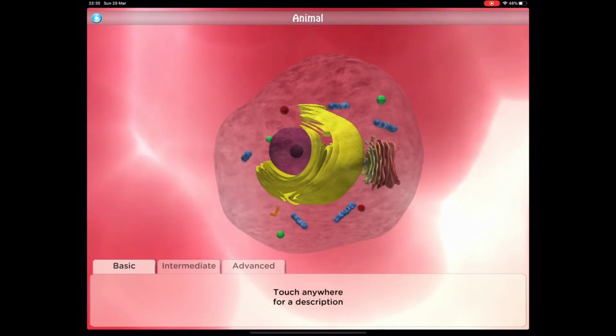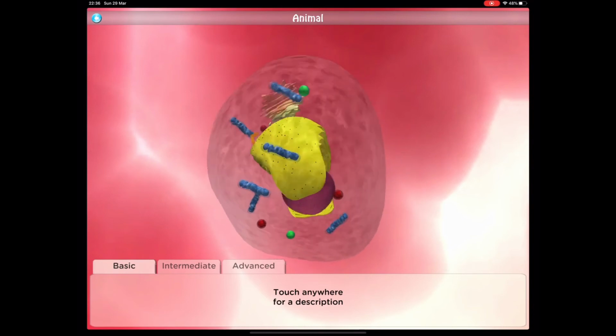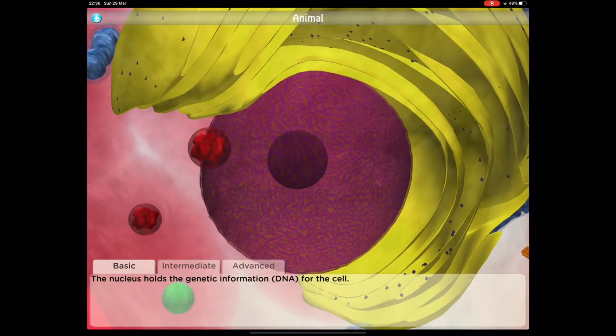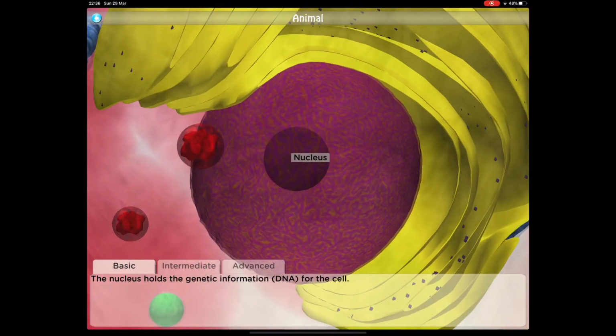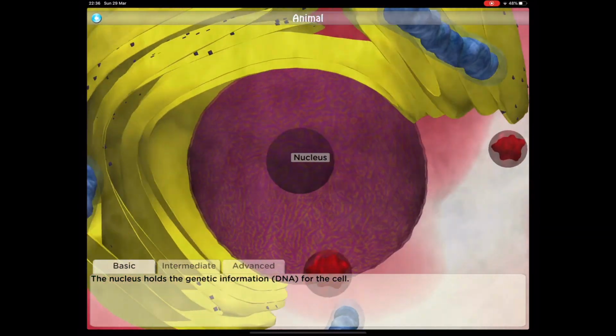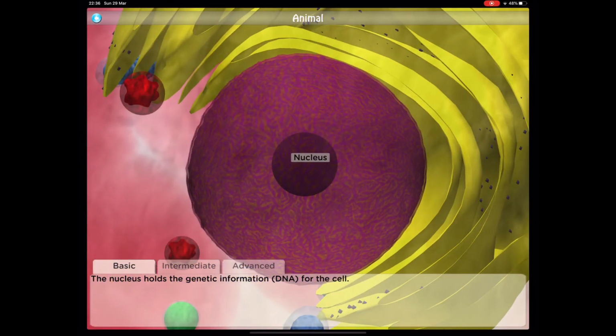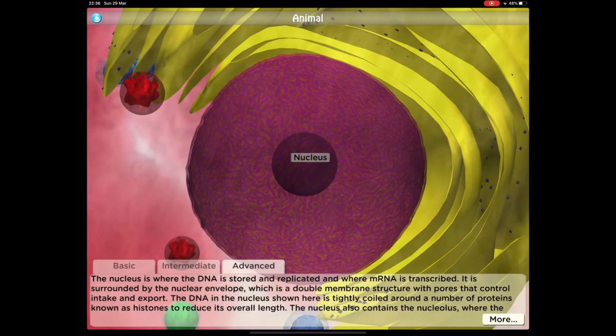Now, if we look at the nucleus, okay, it holds the genetic material. Now, we can go further into the nucleus and we can see the genetic material there. Now, what I want you to take from here is that the nucleus is where DNA is stored and it is the control center.